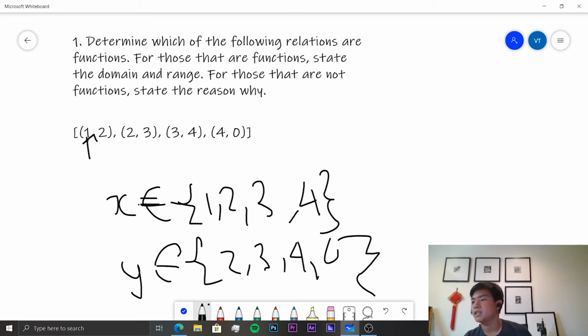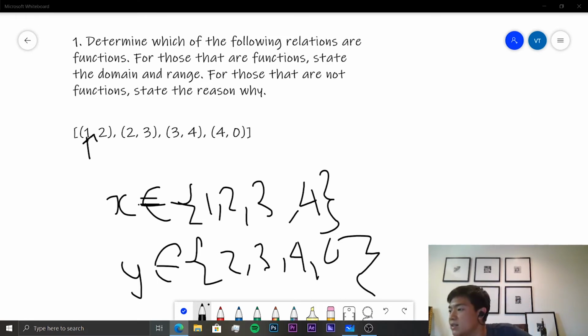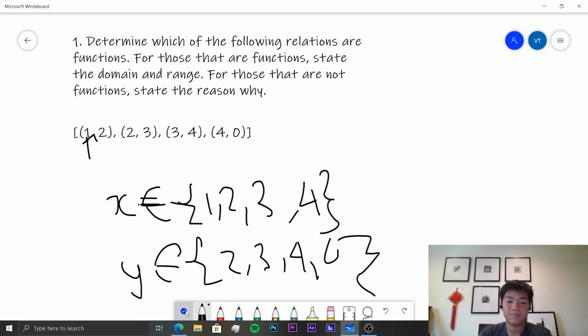I think we can just say that. Let's check if that's correct. Yeah, so we are correct. That is a function indeed.